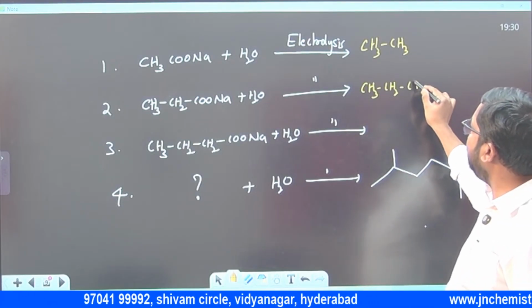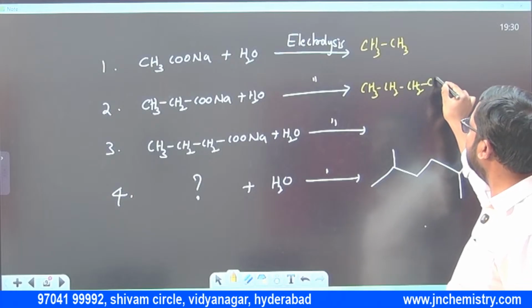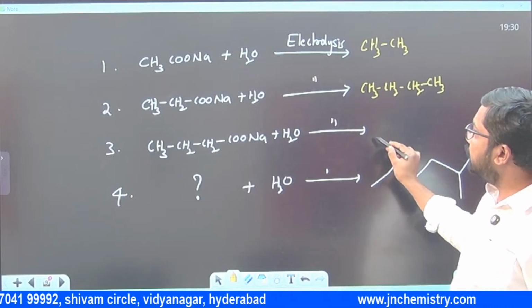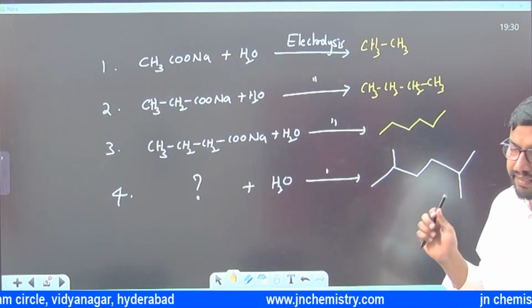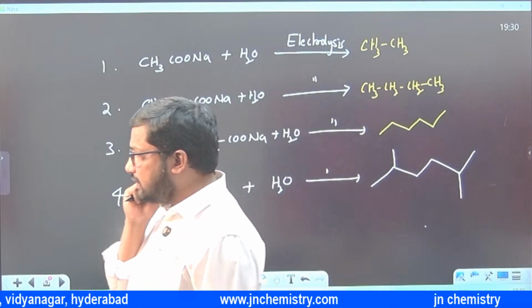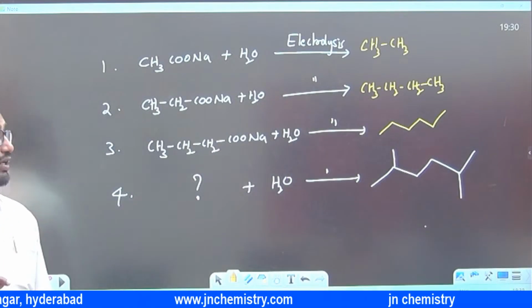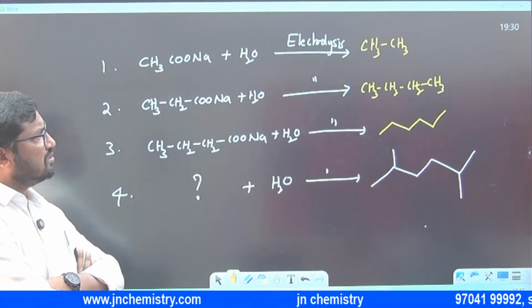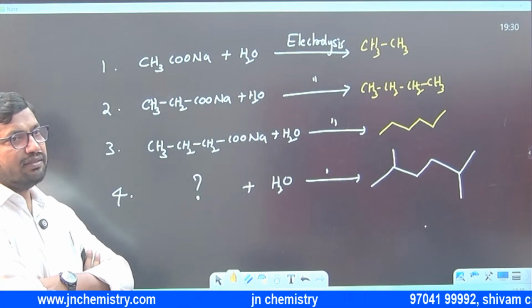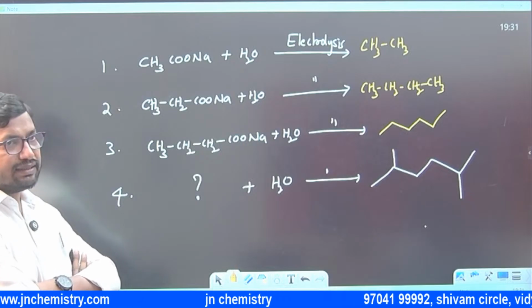You can see one pattern over here. What is the pattern which we can understand? If you look at the products, we can understand one thing. What is that? Mirror image, okay. Plane of symmetry, symmetrical alkanes.